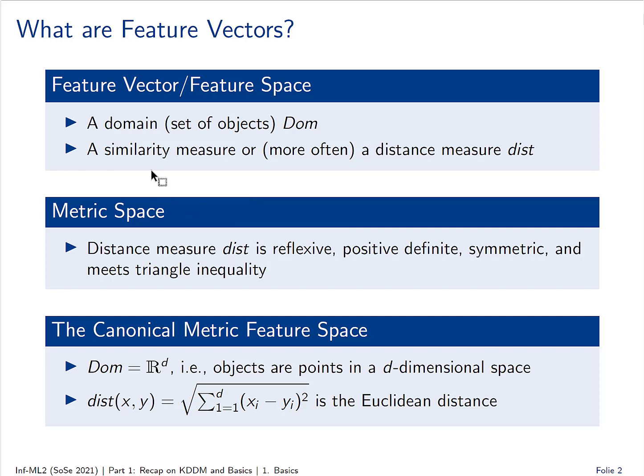Typically we need a domain, which is a set of semantically related objects, called DOM here, and a similarity measure, or more often a distance measure, which is more or less intuitively the other way around. But always keep in mind that a transformation from a given similarity measure into a distance measure is very often not so easy, because the ranges are a little different.